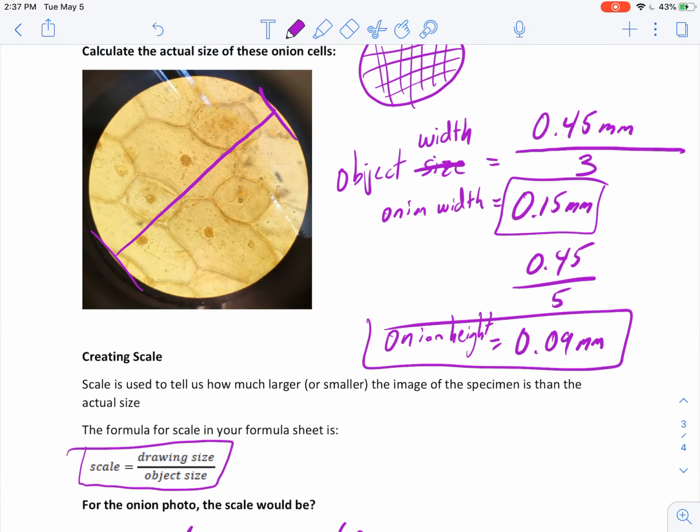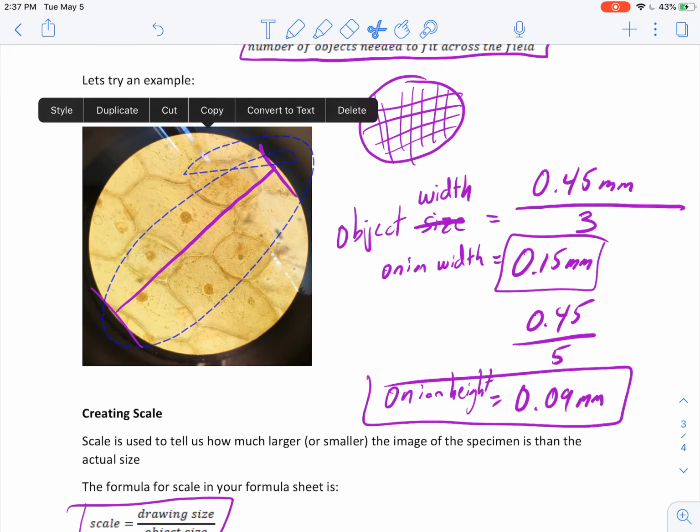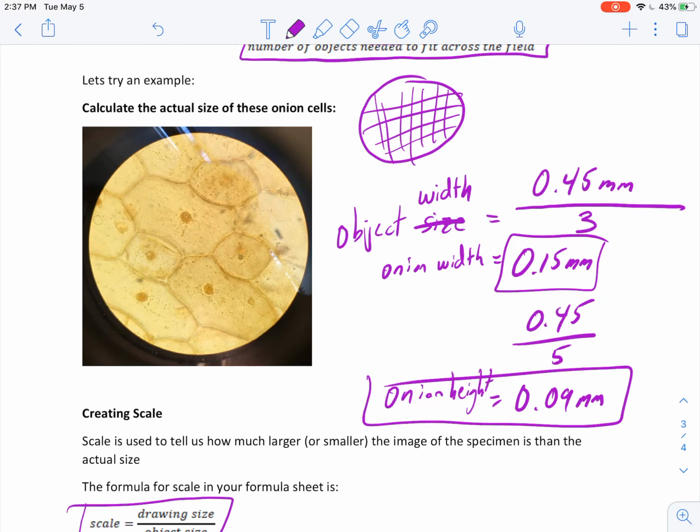So this tells me that right now this picture is 133 times bigger than the actual object. So this photo of the cell here, this guy, is much, much bigger.